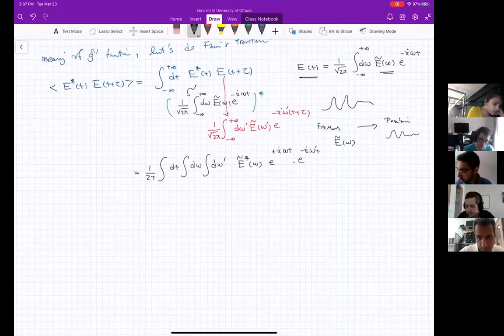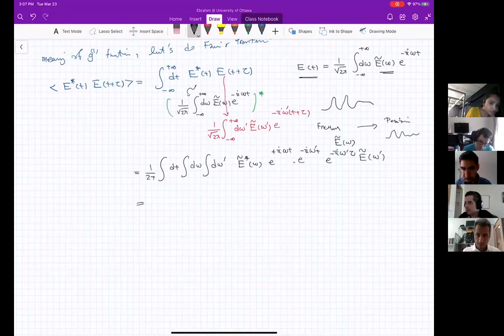And then I also have e power of minus i omega prime tau, and then I have E tilde of omega prime.